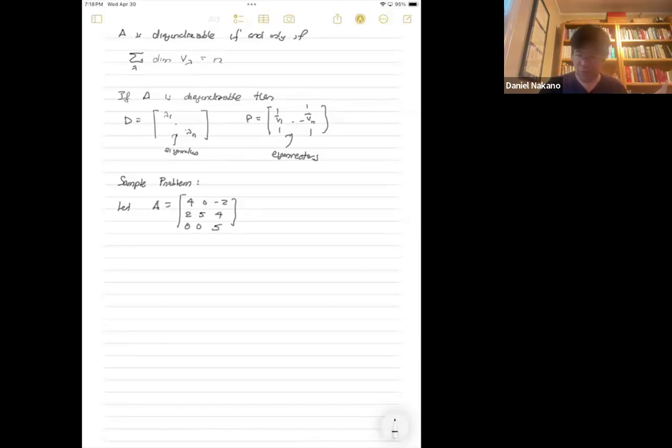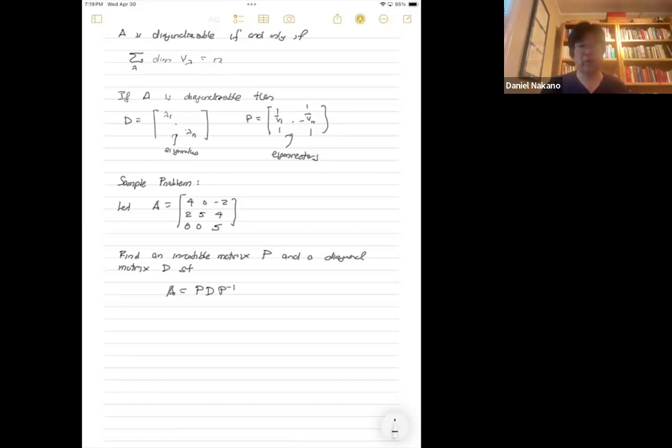Find an invertible matrix P and a diagonal matrix D such that A is equal to P D P inverse.